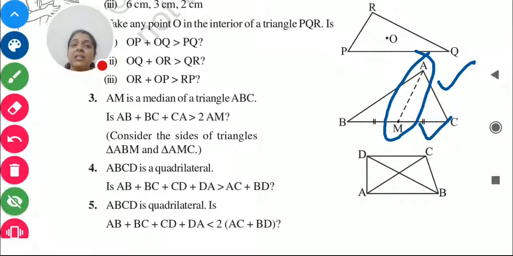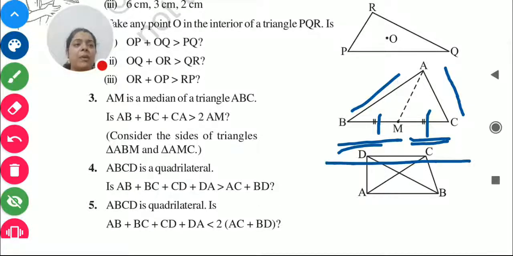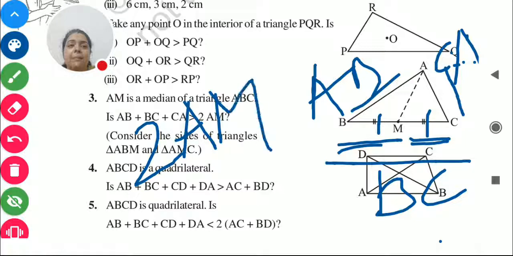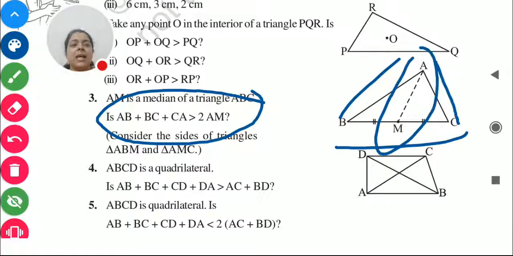I had taken AB plus BM and AC plus MC. But what is common here? BM and MC actually form BC, right? So it will be AB plus BC plus CA, which is greater than 2AM. So here comes the equation. This is only telling that AB plus BC plus AC is actually greater than 2AM.